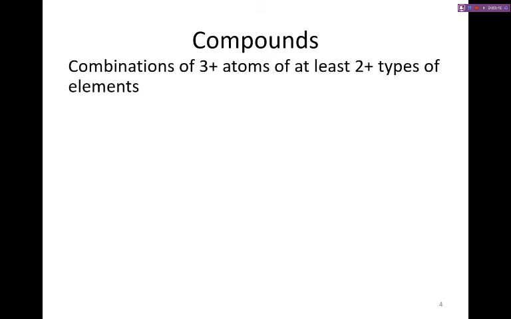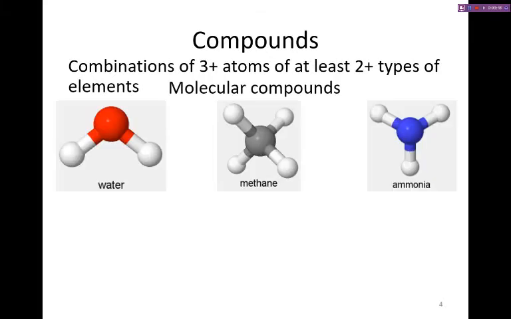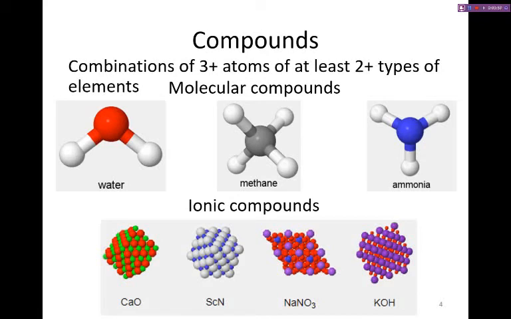compounds. And a compound is where we have at least three atoms of at least two different types of elements. Some examples of this include water, methane, and ammonia, and these make up examples of what are called molecular compounds. Ionic compounds consist of things such as calcium oxide, scandium nitride, sodium nitrate, potassium oxide, and the difference is that with molecular compounds, you have very discrete molecules of a certain size.